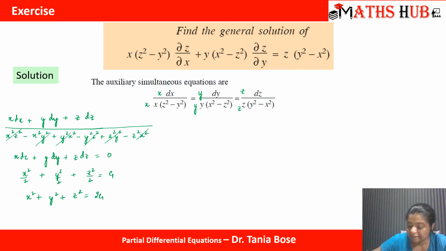Now, instead of multiplying with x, if I multiply with 1 by x, 1 by y and 1 by z, will the terms still get cancelled?